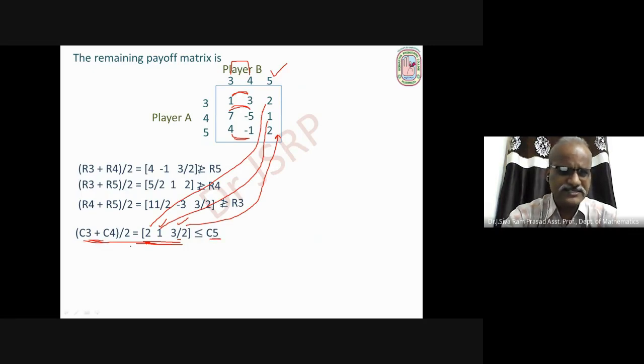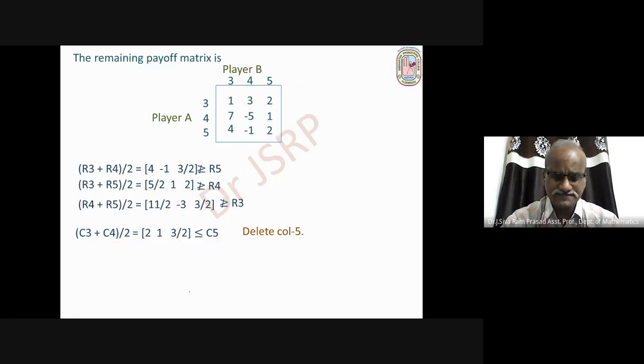That means the entries in the convex combination of column 3 and column 4 are less than or equal to the corresponding entries of column 5. Therefore, what is the column on the higher side? Column 5. So we delete column 5. Cross off column 5 in the payoff matrix.